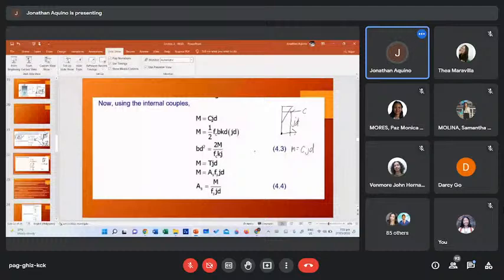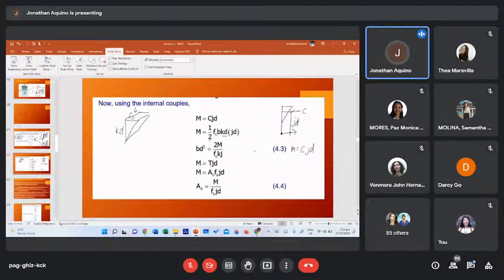So 1/2, this is FC, this is KD. So 1/2 FC times KD times B para buo yung volume times lever arm JD.